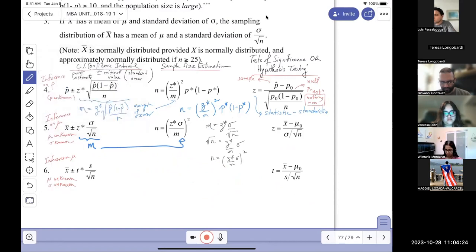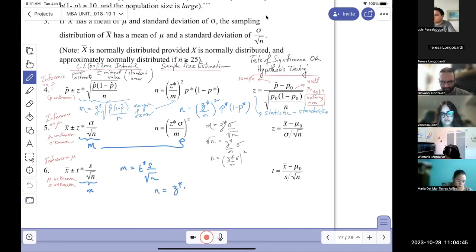We began with saying call this M, and then I write it out like so, M = t star S over square root of N, and try and isolate N. If you try and isolate N, it would be N equals Z star S over M squared. So why isn't that in this column? Why don't I have that here?